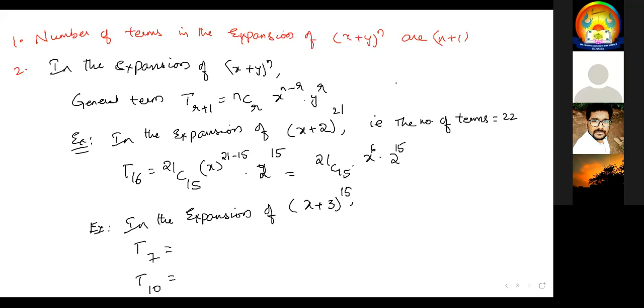X plus 3 whole power 15, I'm writing again. In the expansion of x plus 3 whole power 15, can you write the 7th term? Yes, sir, 15C7 x power 15 minus 7 into 3 power 7. Anyone else?